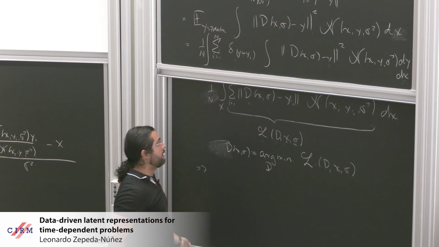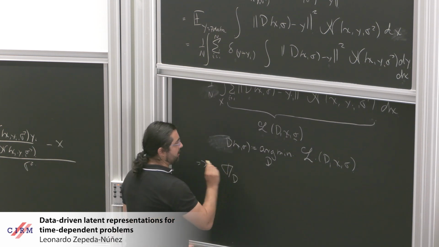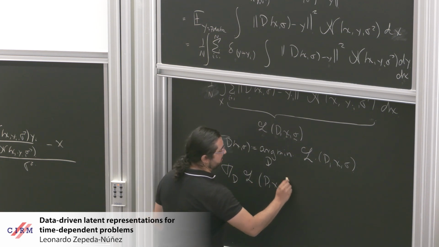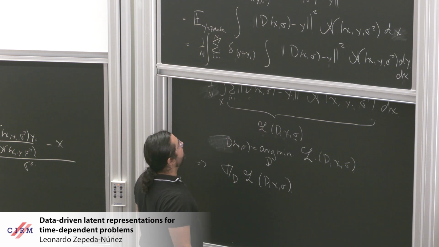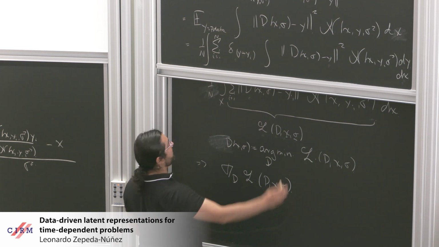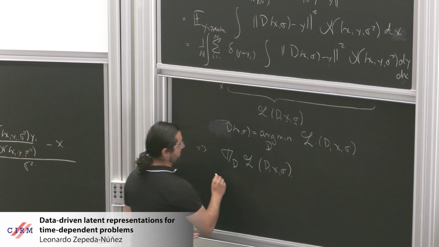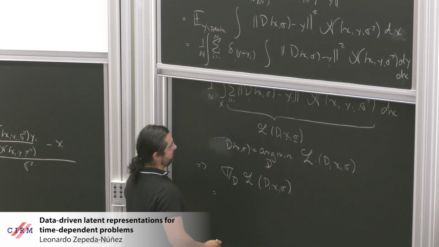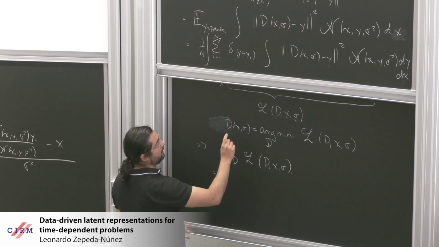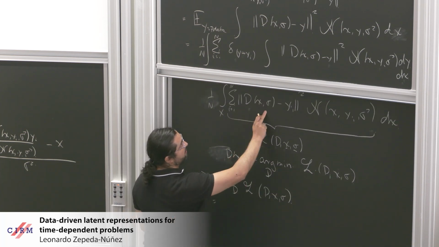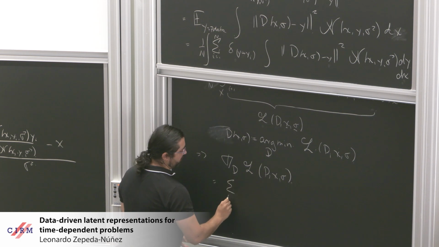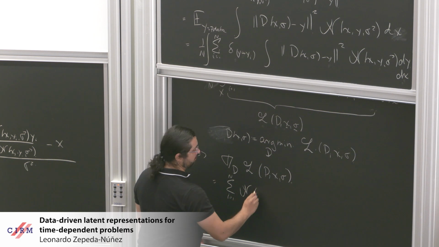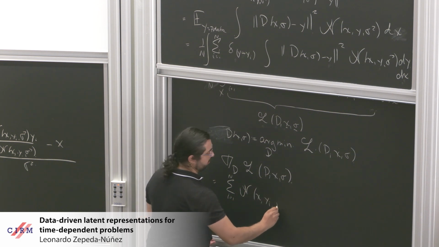Okay, so let's exactly do that. Let's take nabla with respect to d of this curly D of x comma sigma. Now we just have to compute integrals, right? So what do we have? This is nothing more than the sum of i equals 1 to n of N of x comma yi comma sigma square.